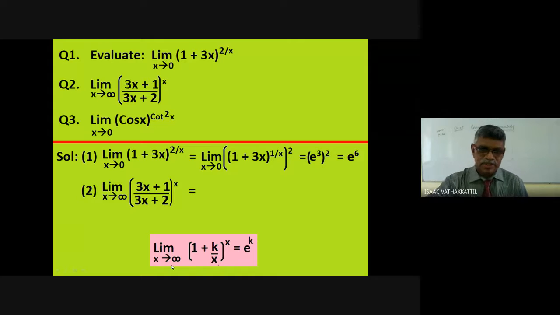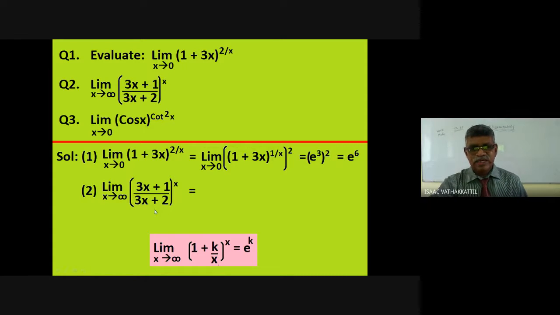Limit x tends to infinity, (1 plus k by x) raised to x. We cannot apply the previous one here because the power is x, not 1 by x. So here we need limit x tends to infinity, (1 plus k by x) raised to x is e raised to k. But how do we come to that stage?